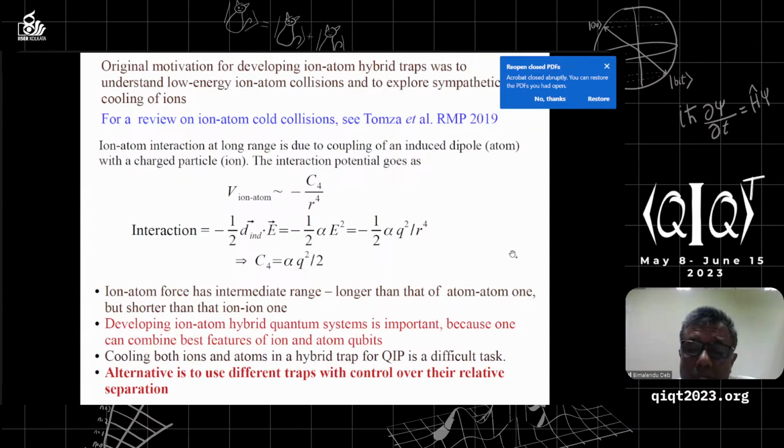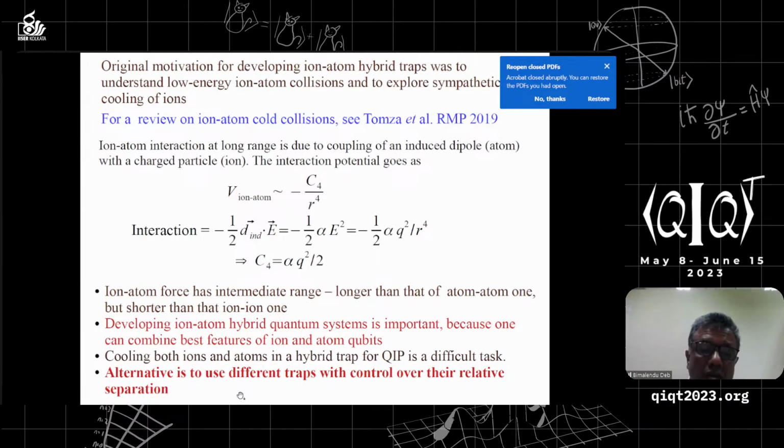Atomic qubits also have long coherence time. But as we know, scalability is an issue in the case of ion traps. So the question is, why don't we combine ionic and atomic qubits, and utilize the best features of the two systems?